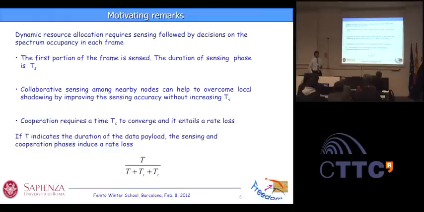So overall, if I take into account both sensing time and cooperation time, if we denote by T the payload duration, we are going to have a rate loss given by this ratio, right? The ratio of the payload time divided by the overall time necessary for sensing and cooperation. Okay.